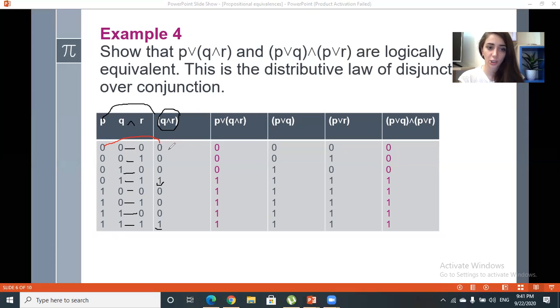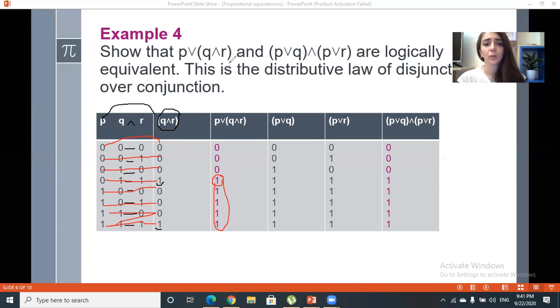Disjunction of 0 and 0 is always 0. But we state that if one of the substatements is true, our result will be true. So 0, 1 will give us 1. And again 1, 0, 1, 0, and 1, 0 gave us this column. Yes, our first three truth values are 0. The others are true, 1.